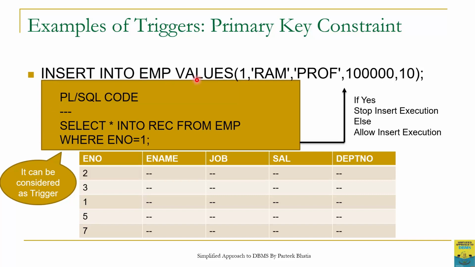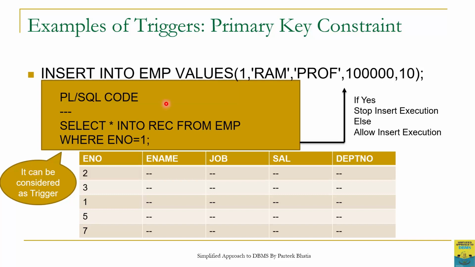So when a user issues this insert statement over the employee table, Oracle internally executes code automatically to check the presence or absence of E number 1 in the database. The code, which is executed internally by Oracle without being invoked by the user, can be considered as a trigger.